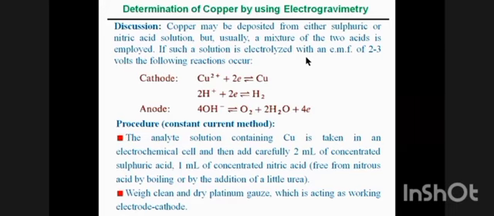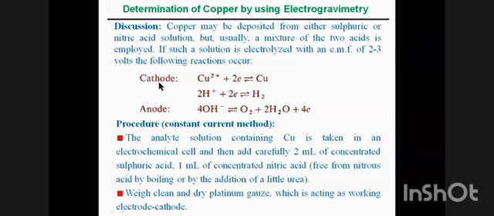Determination of copper by using the electrogravimetry method. Discussion: copper may be deposited from either sulfuric or nitric acid solution, but usually a mixture of the two acids is employed.